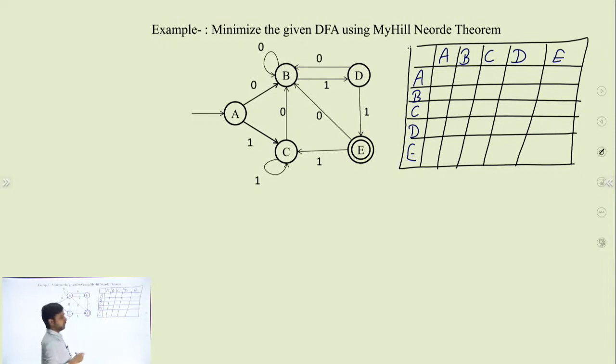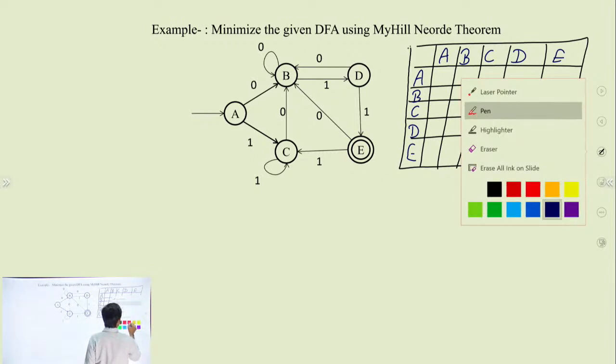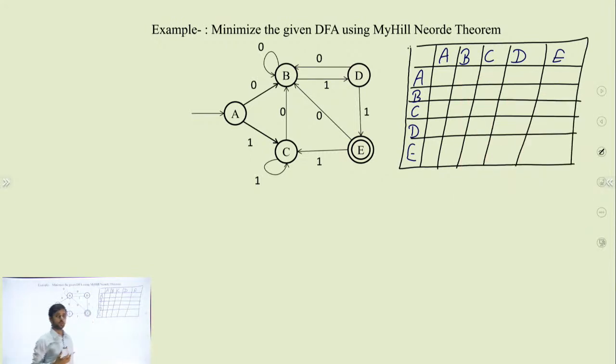Okay, we fill this table and find out which two states are equivalent. Since A is equivalent to A, we mark it with a cross, so there is no need. C to C is equivalent, D to D is equivalent, E and E are equivalent.